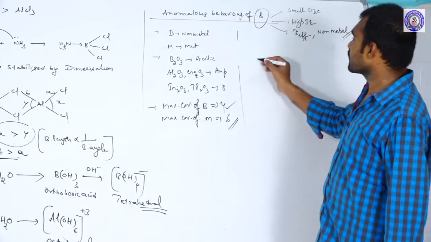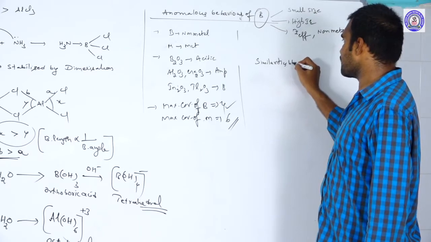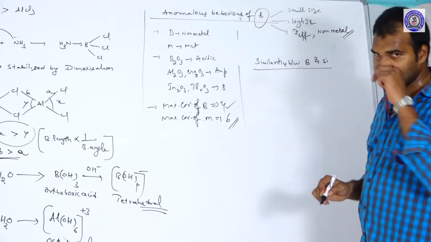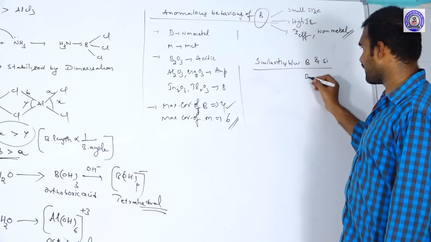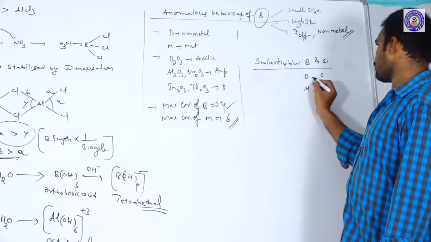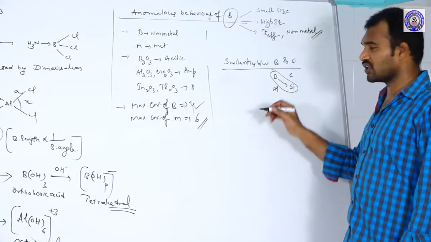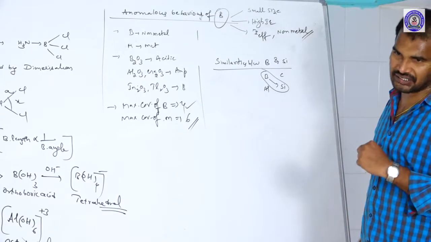Next, similarities between boron and silicon. Why? Because boron is a 13th group element, with aluminium below it, and silicon is in the carbon group, below carbon. So there is a diagonal relationship, and because of it boron and silicon show similarities.